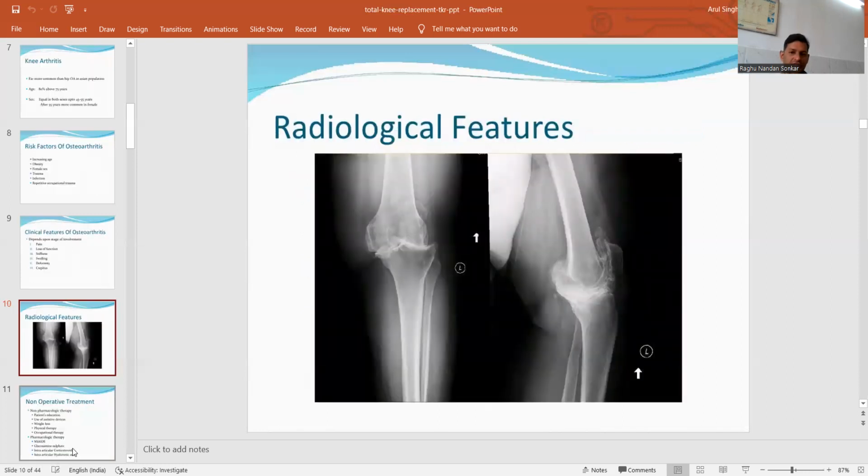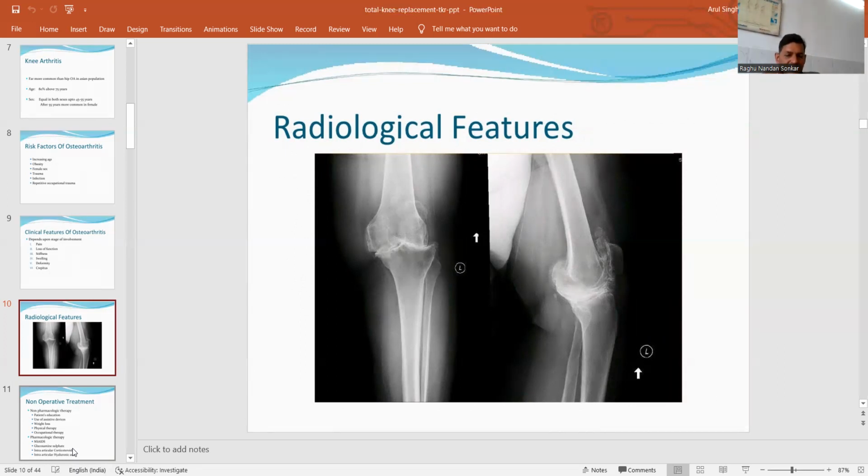This is a radiological picture. In a normal X-ray, there is a space between the femur and tibia in which the meniscus and cartilage persist. But in osteoarthritis, there is a reduced gap in the joint space.